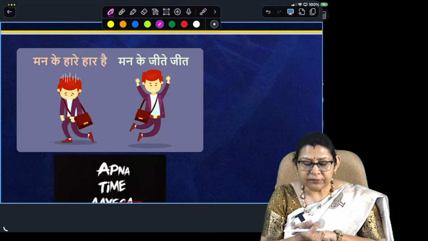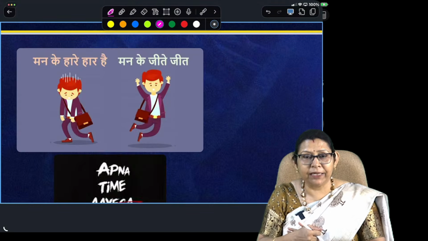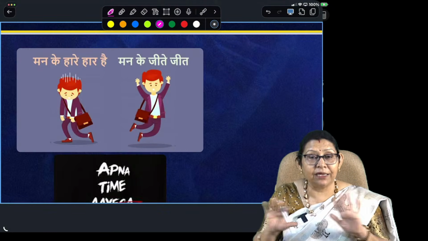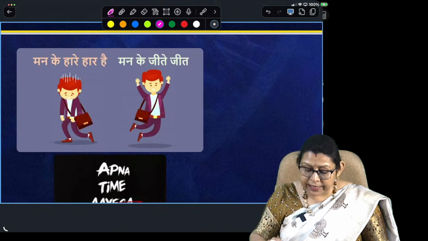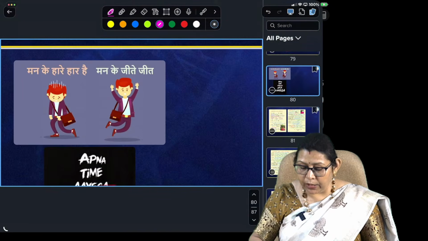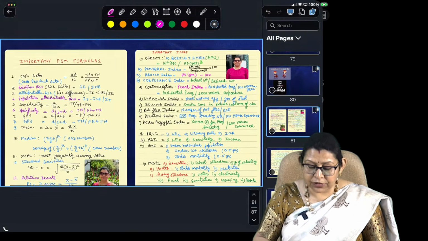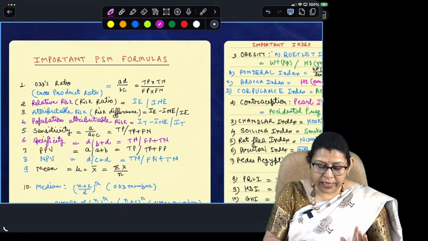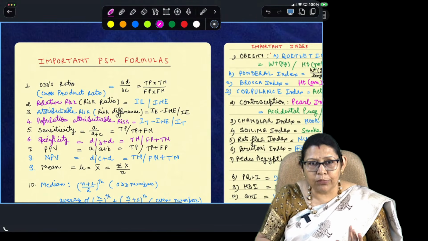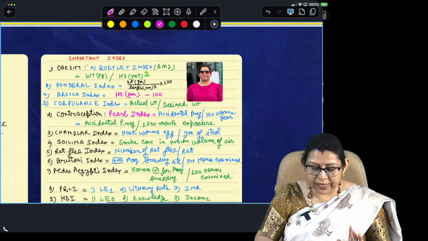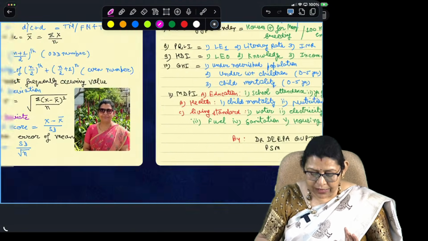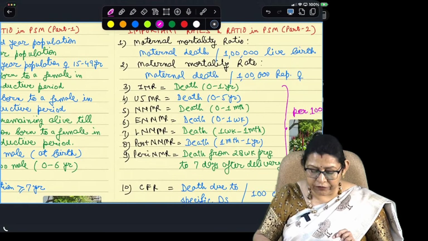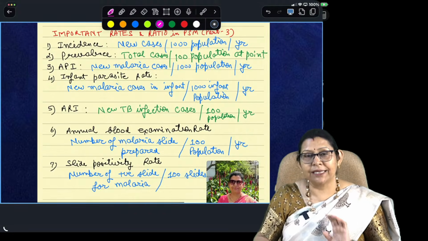ठीक है, calculation कैसे होगा बेटा? देखा ना अपन ने कि calculation सिंपल है, calculation से डरना नहीं है. And कैसे calculation होगा, इसके लिए I am just providing all these flashcards, जहाँ पे I had just summarized all the formulas, all the various indexes, all the various rates, ratio, definition in a single page.